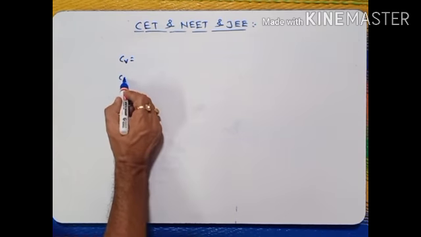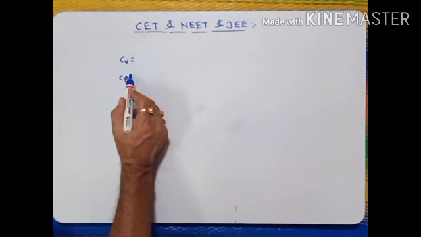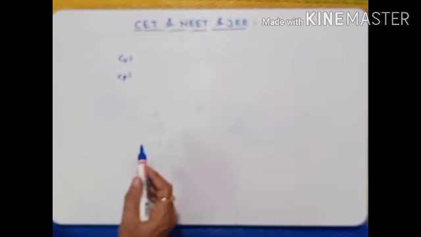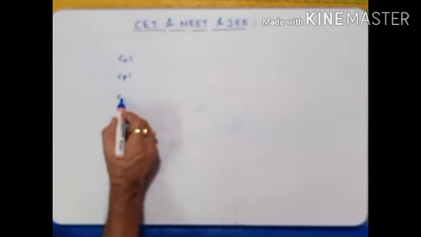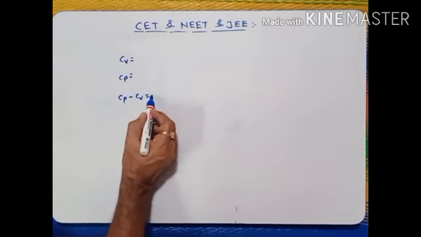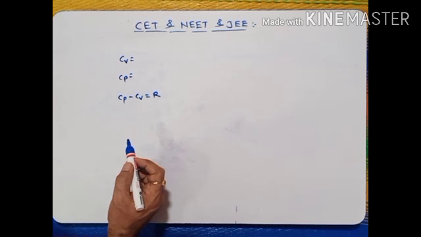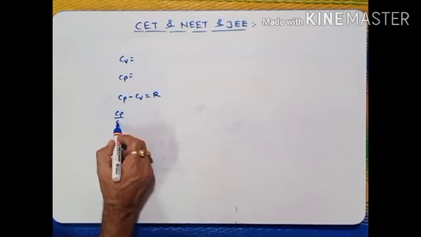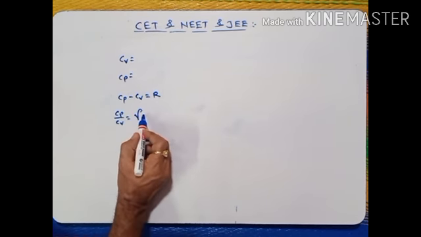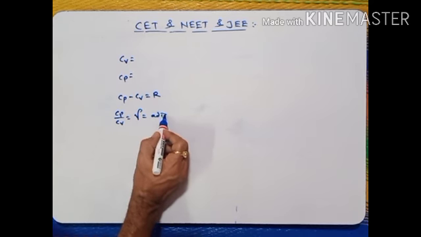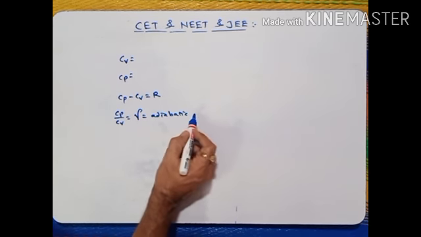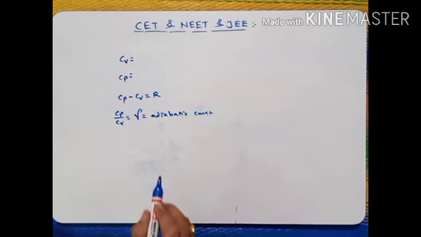Also Cp is at constant pressure. And the relation between these two is Cp minus Cv is equal to R. Also Cp upon Cv we call the adiabatic constant gamma.